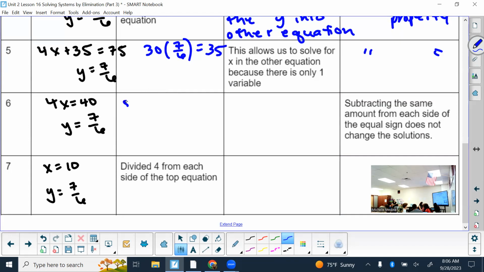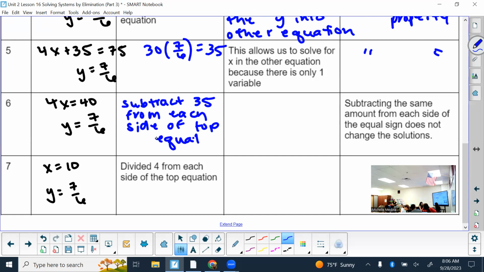Subtract 35 from each side. Right, they subtract 35 from each side of the top equation. How that helps us solve, we're isolating the x.